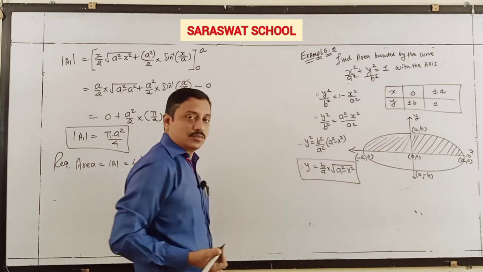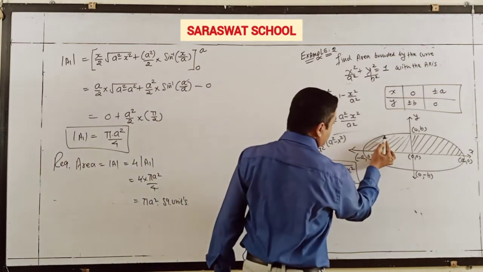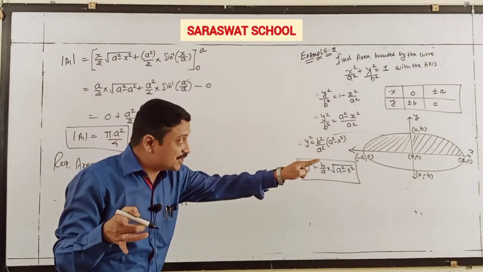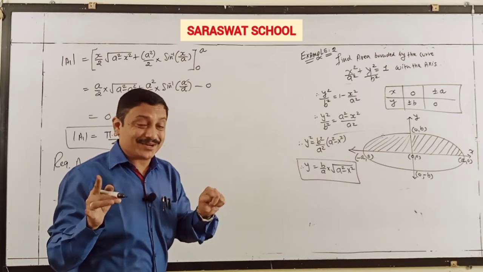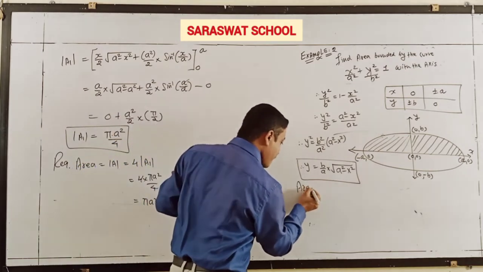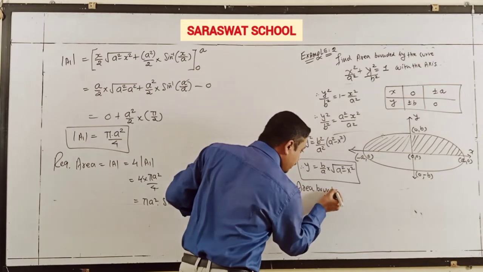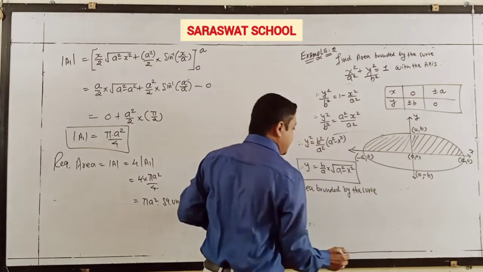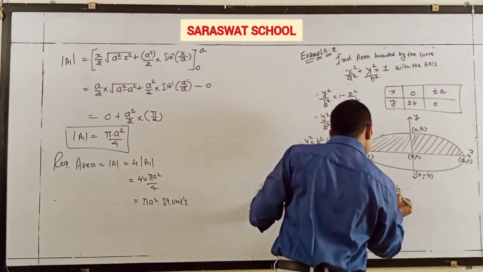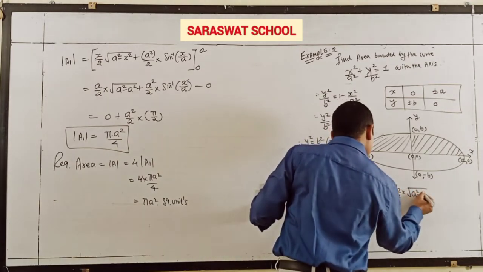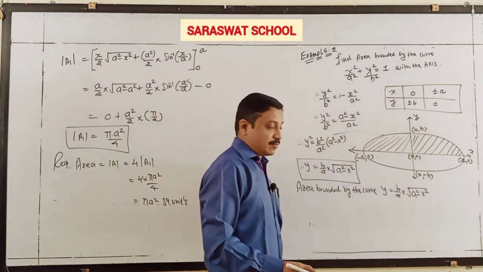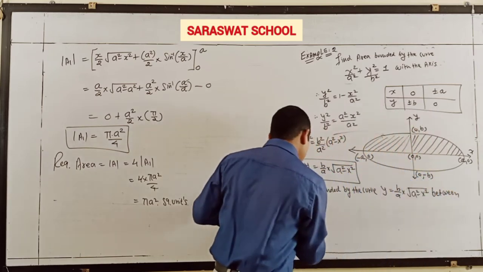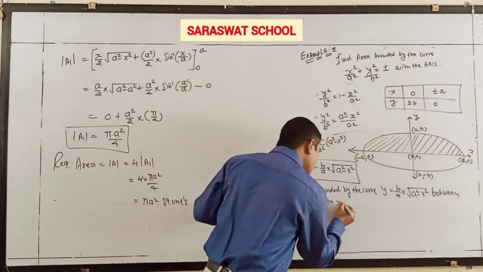That's your curve. This curve, upper way. And I calculate between minus a to a, first and second quadrant. So area bounded by the curve y is equal to b by a under root a square minus x square between x is equal to a to x is equal to minus a.